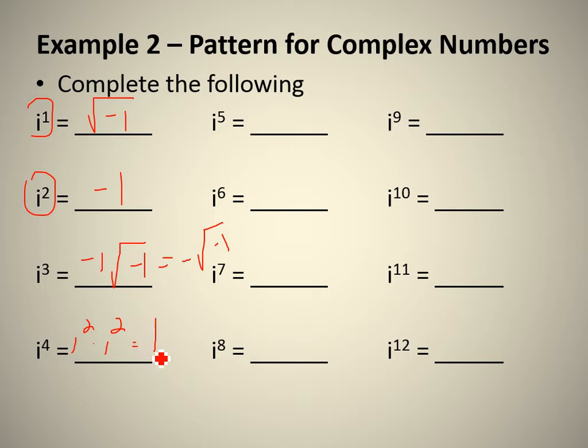Now let me go to the next column here, and I think you guys will see something interesting. So i to the fifth I could get from doing i times i to the fourth. And when I do i times i to the fourth, I'm doing 1 times the square root of negative 1, which would just be the square root of negative 1.